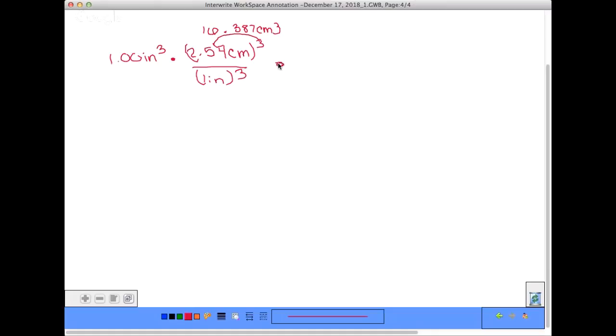And then, whoops, I want to remember that 1 centimeter cubed equals 1 milliliter. So in this problem, what we were doing is that we were converting inches cubed into milliliters. And what we end up getting is that this is equal to 16.4 milliliters.